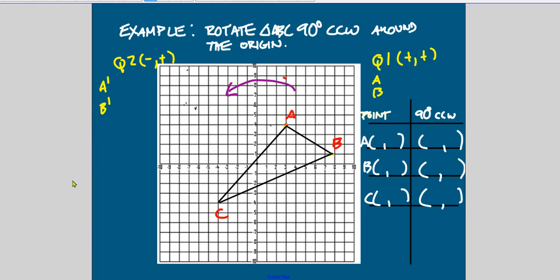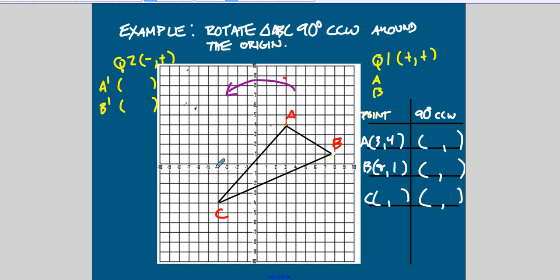So I said you swap the coordinates of each point, and then you take the negative of the x. In the second quadrant, x is going to be negative, y is going to be positive. So let's get our original coordinates here. A has coordinate 3, 4. B has coordinate 8, 1.